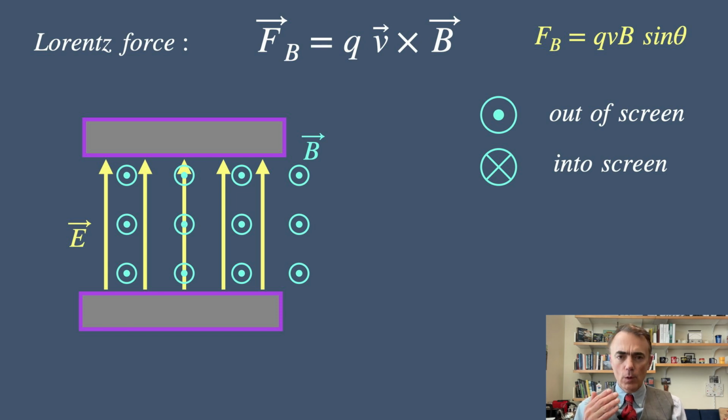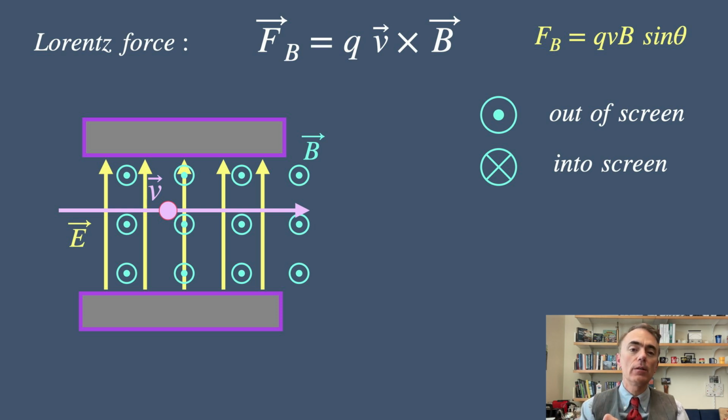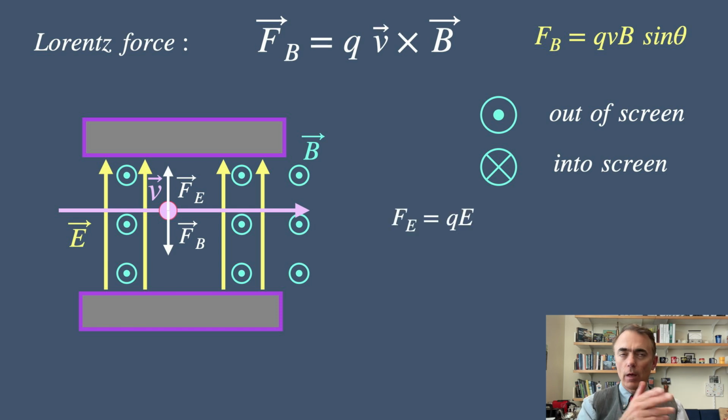Now, charged particles, like electrons or protons, enter the device with velocity v. The forces acting on the particle will be the electric force, which is given by F_E = QE, and then we also have the magnetic force, which will be given by QvB.